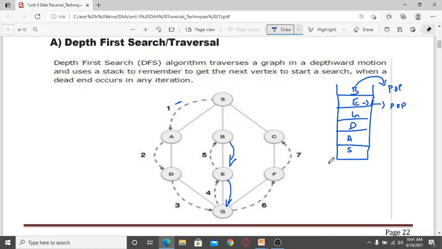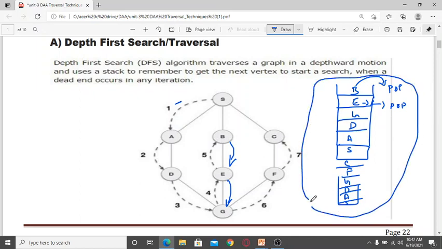Now from G to F, the graph will be like S, A, and F. Then F is connected to C. I am showing this roughly. I have an example at the bottom that we will take. This whole process we will do step by step to score good marks.